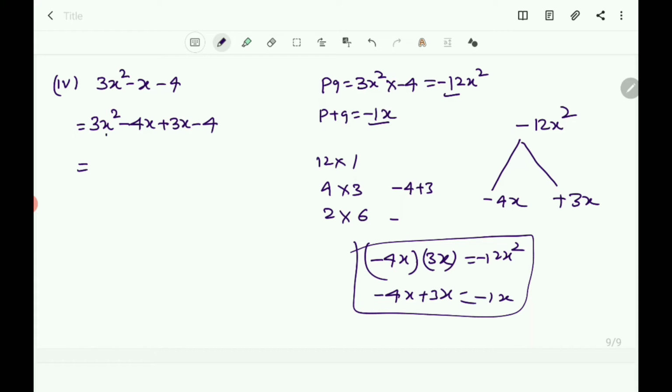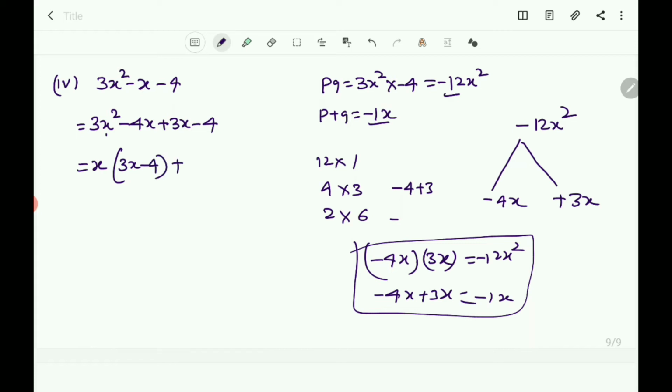What is common here? 3 and 4, the HCF is only 1 here. The HCF of 3 and 4 is 1, and x square and x is x only. So you write 1x. X is common and in the bracket you will get 3x. X is outside, so x into 3x is 3x square minus 4 here.